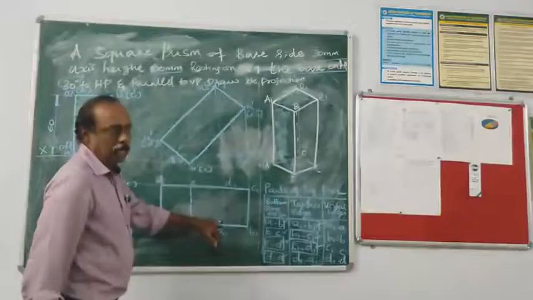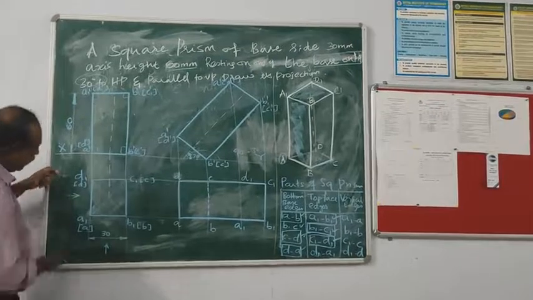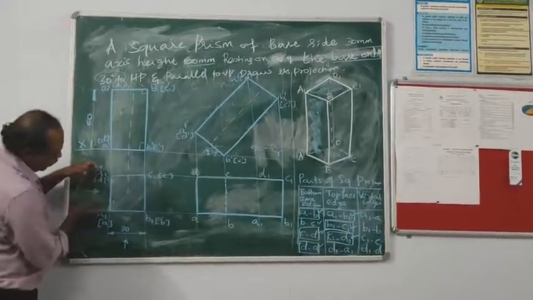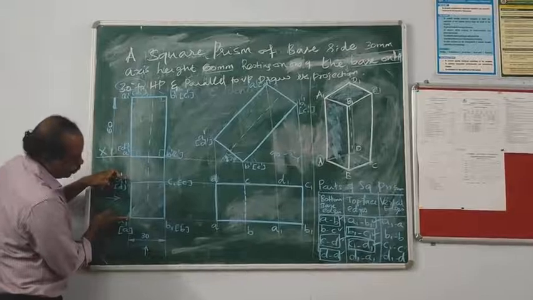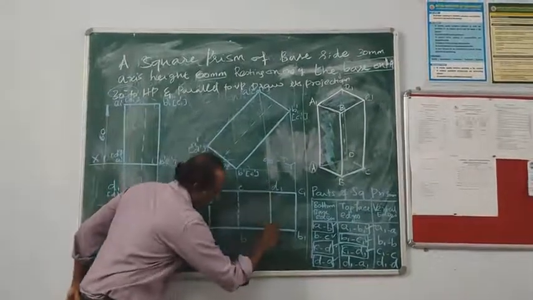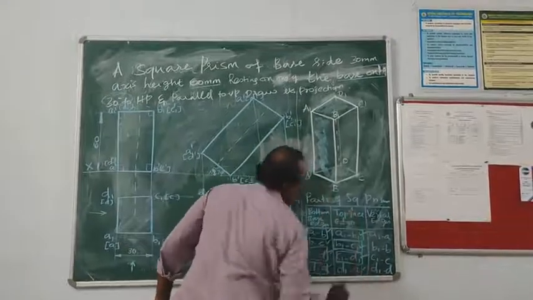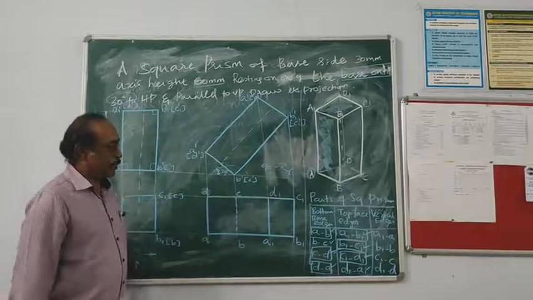D1, A1 is not connected, so verify from this side. Both ends are visible, so we mark it with an HB pencil as a continuous line. Thus we are completing the top face.